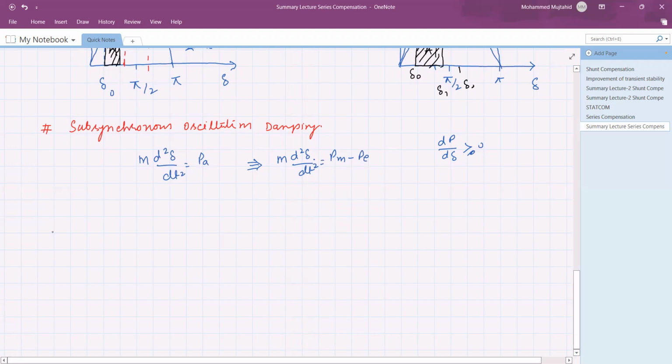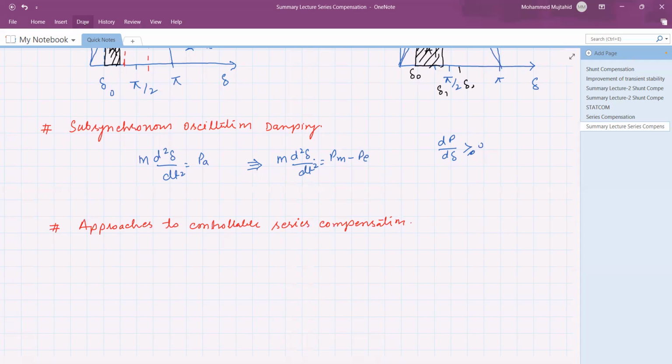So the topic is approaches to controllable series compensation. Basically there are two ways.